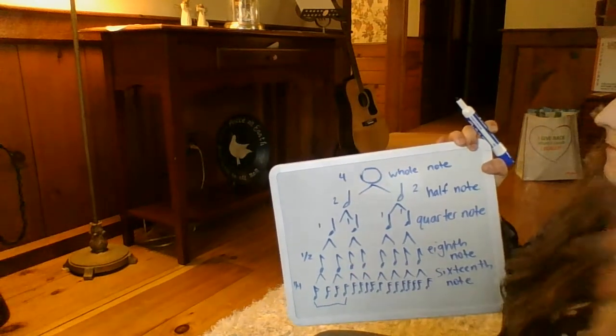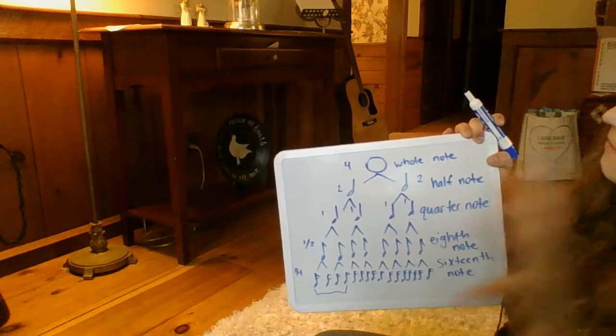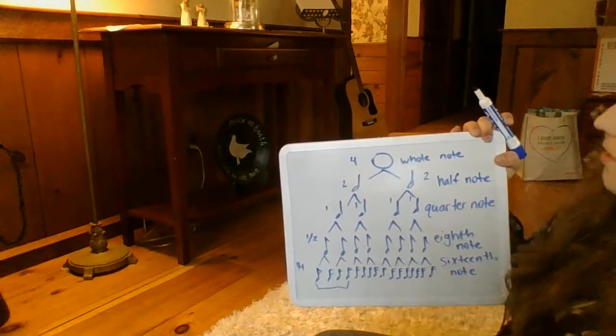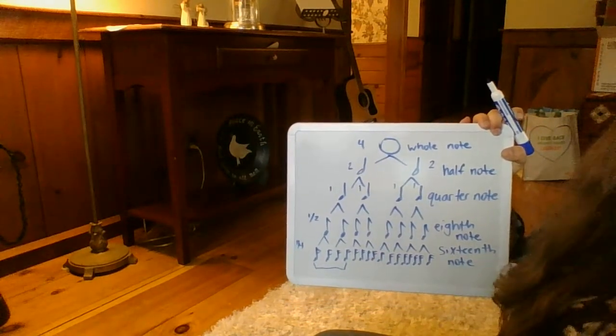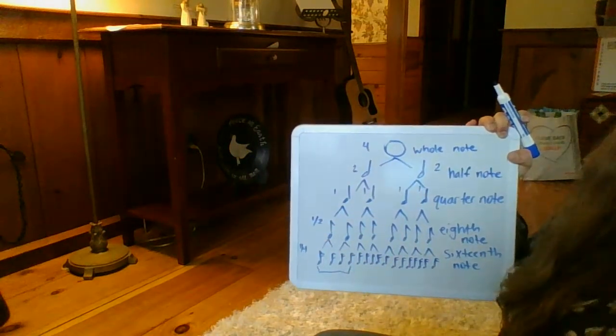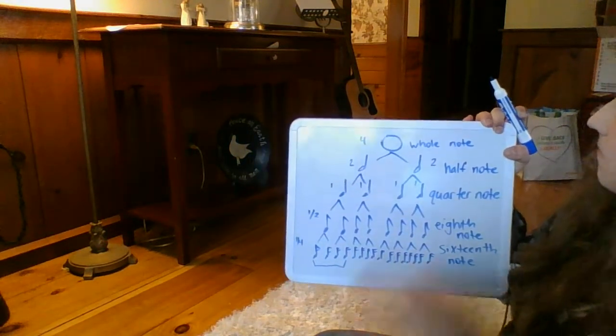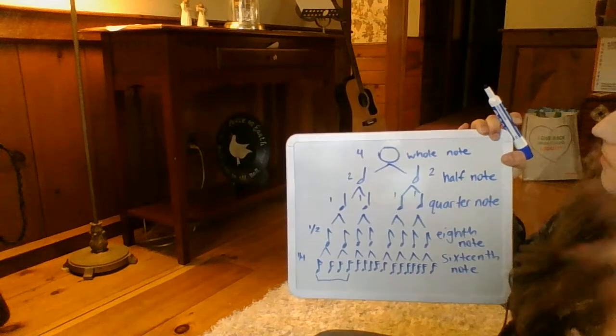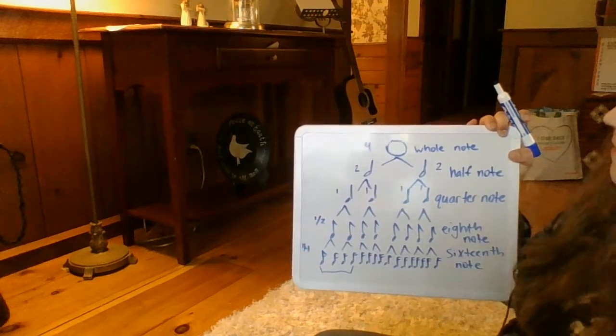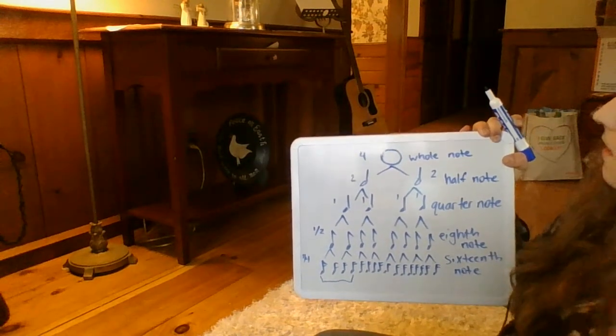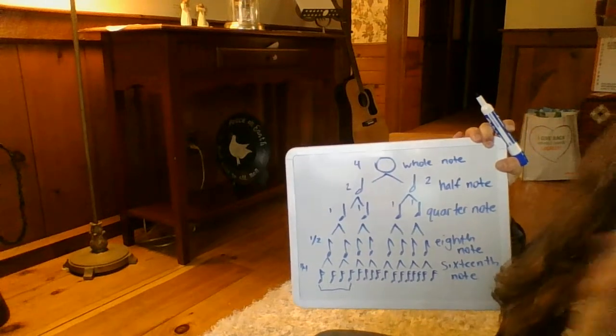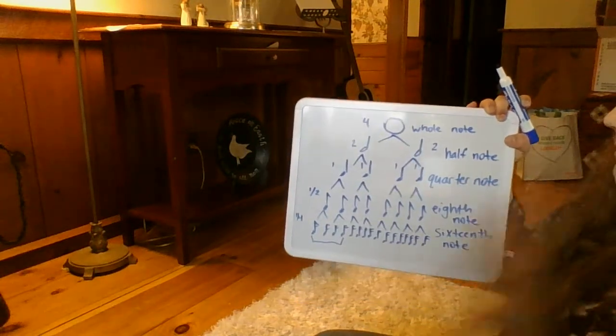La. Okay, that would be a whole note because 4 beats went by while I was singing. Now I'm going to do half note. 1, 2, ready, sing. La. 2 beats went by while I was singing.